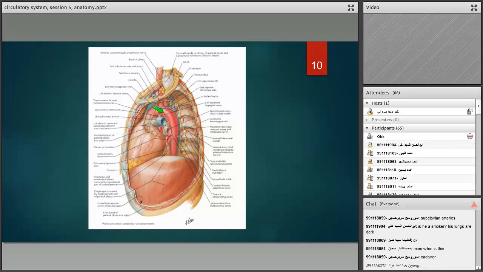The phrenic and the vagus nerve are passing in front of the arc of aorta. In this picture, we can see the vagus nerve, and also on the anterior side, we can see the phrenic nerve with pericardiacophrenic vessels, which I explained today.